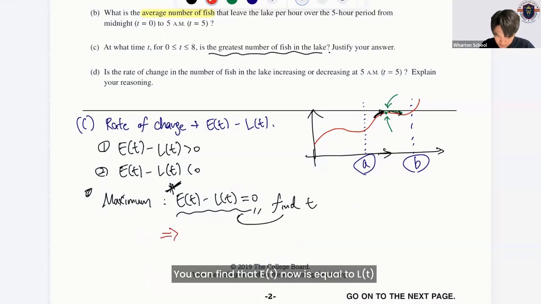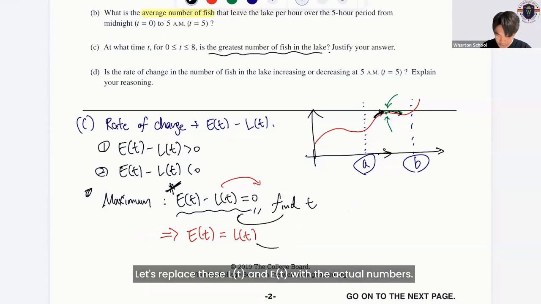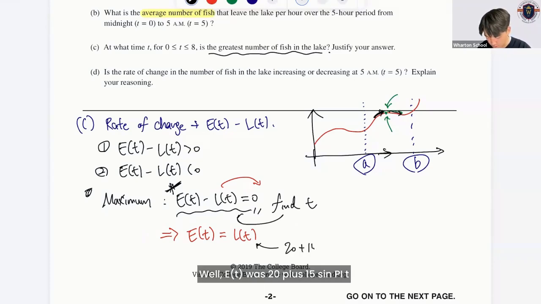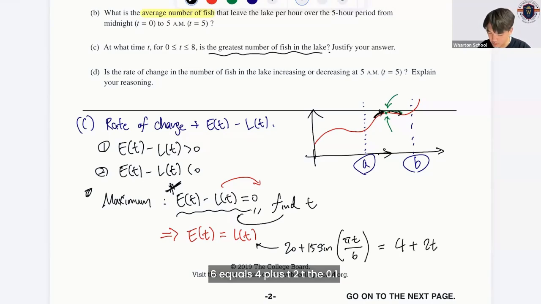You can find that E(t) is equal to L(t), because you just move L(t) to the other side. Let's replace E(t) and L(t) with the actual numbers. E(t) was 20 plus 15 sine(pi t over 6), which equals 4 plus t times 2 to the 0.1 t, right?